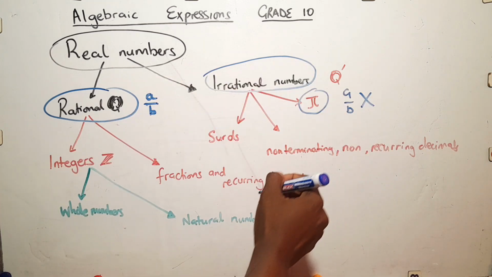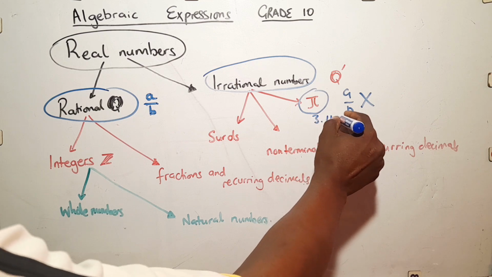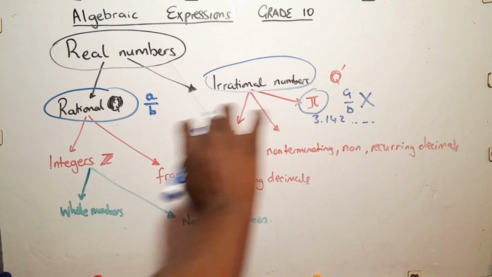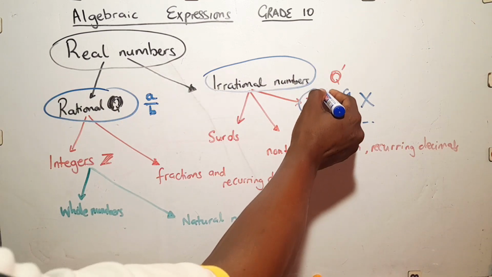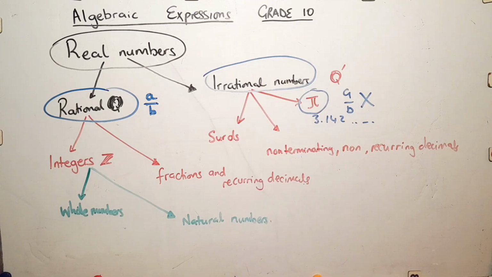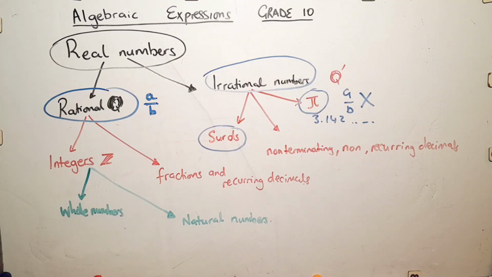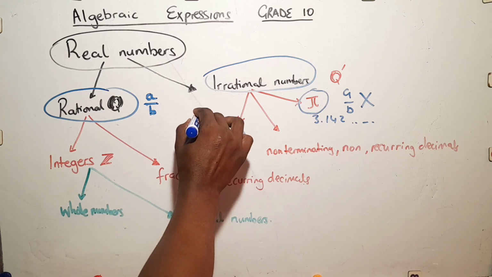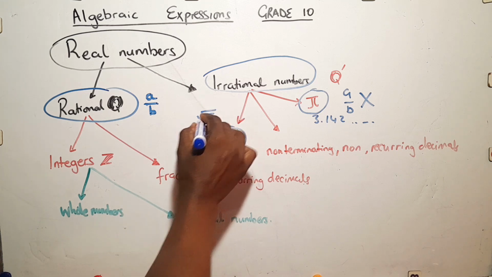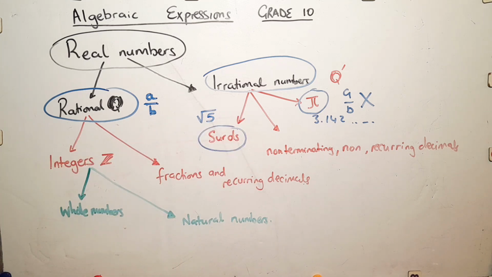Things like pi. Pi is 3.142 and so on. It continues, it's a long number with a lot of digits. And also surds. Surds fall under irrational numbers. If we have a square root of 5, we cannot express it as a fraction, so it falls under irrational.